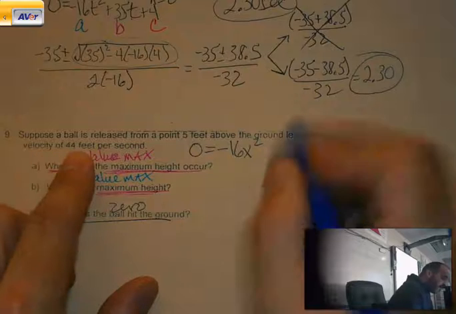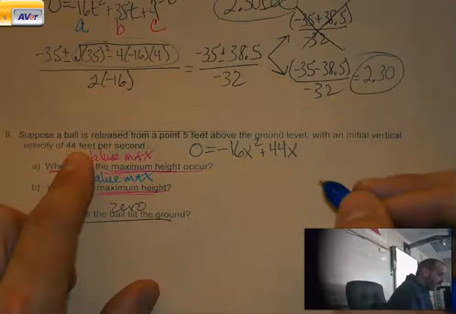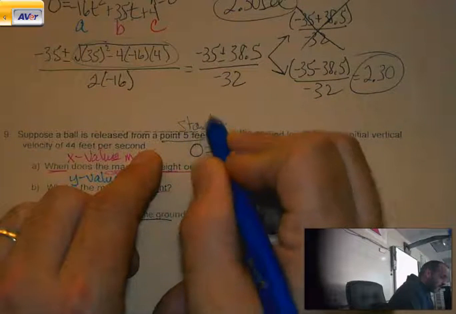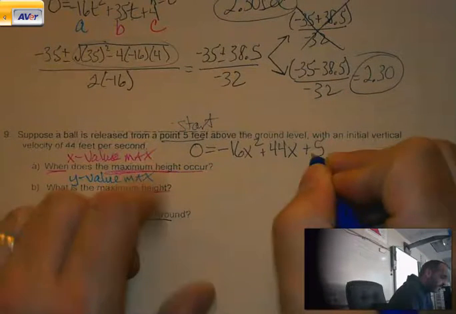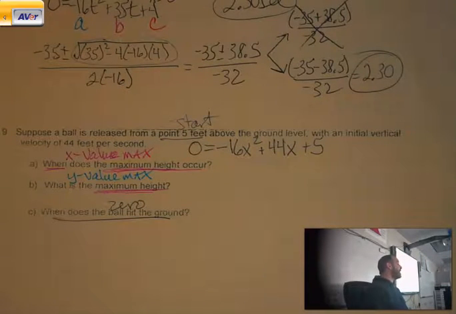Initial velocity, 44 feet per second. That's always in the middle. And this is where we started, 5 feet above the ground. Yep, unless it says meters, and if it does, I'll put the change in there for you so you're not wondering. But most of ours are going to be feet.